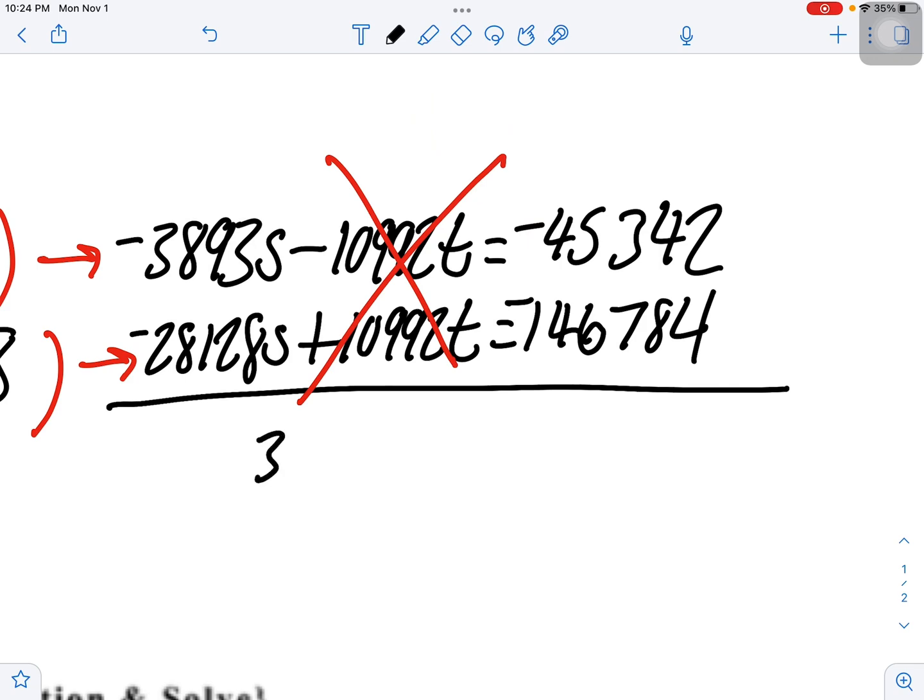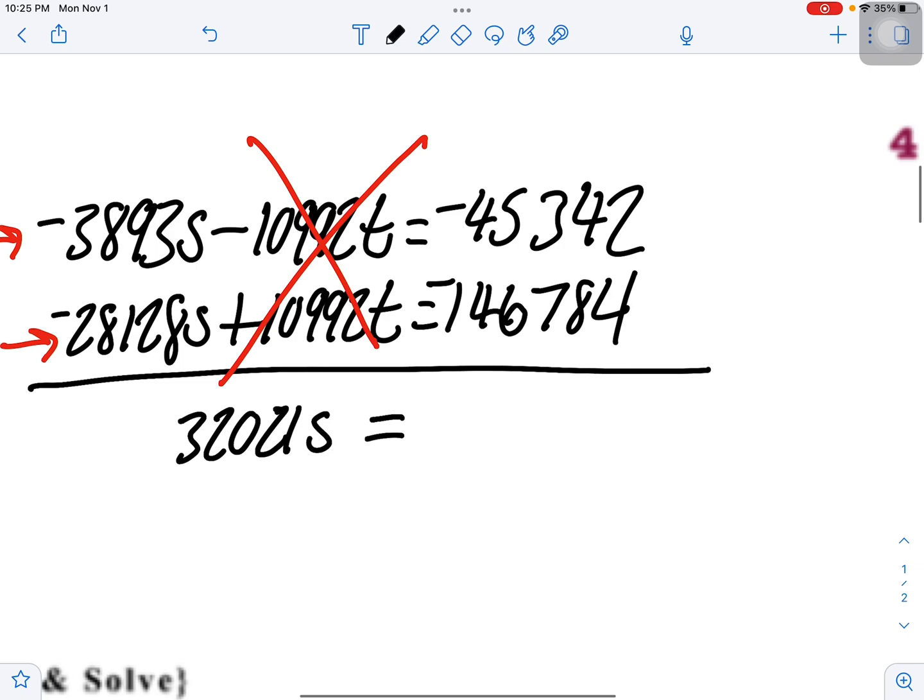So we get 32021s is equal to, again, we're going to add those two because they're both negative. So 45342 plus 146784 is 192126.